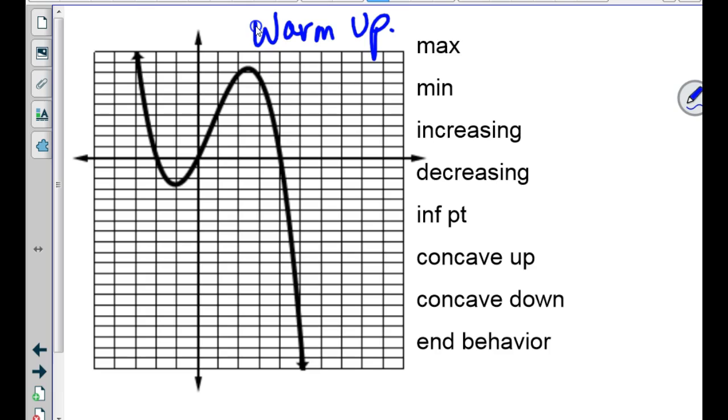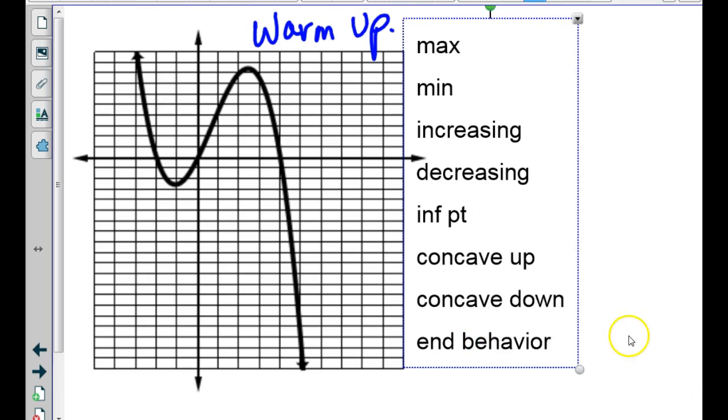The maximum point, anybody want to give me an ordered pair? .5, 1, 2, 3, 4, 5, 6, 7, 8, or 8.5, I really don't care. Minimum, -1, -2.5, I don't know.